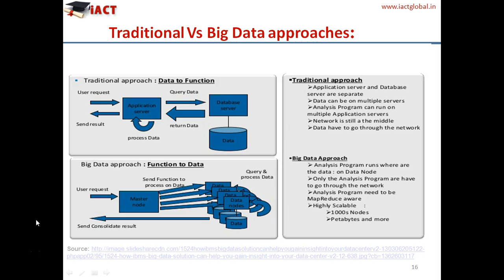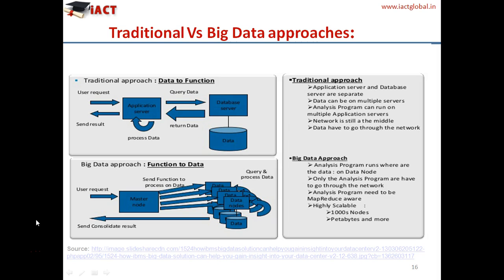Big data follows a simple strategy. It doesn't want the data to move. It wants the data to remain where it is. It brings the function, the processing, to the data. In the big data approach, we have a master node and data nodes. For now, let's understand that the master node is something which takes care of everything here. It's the heart of big data.